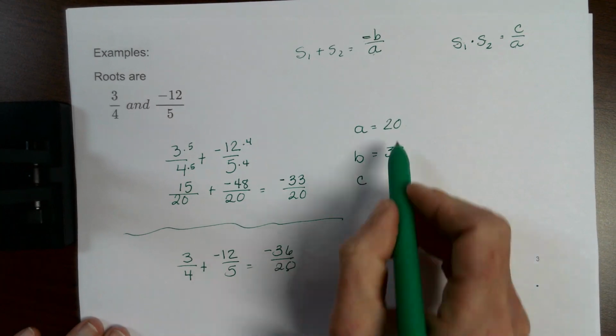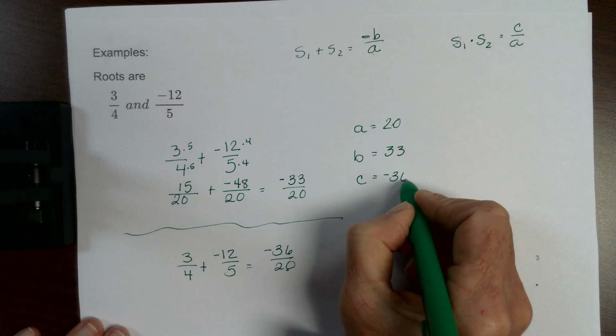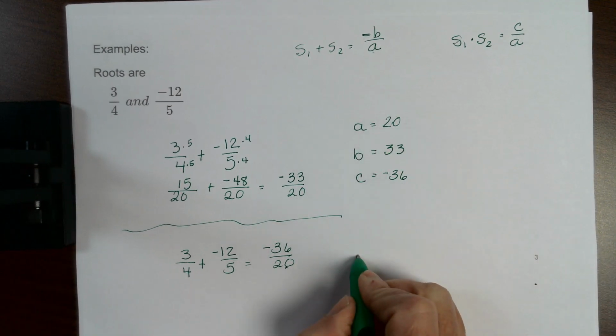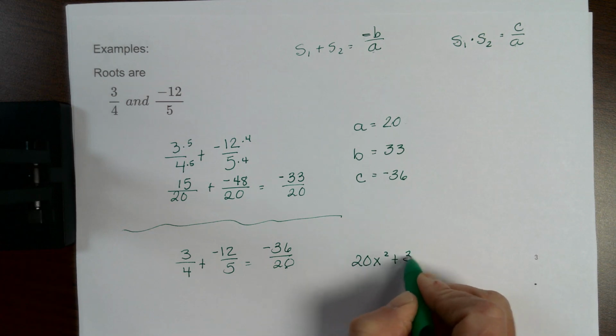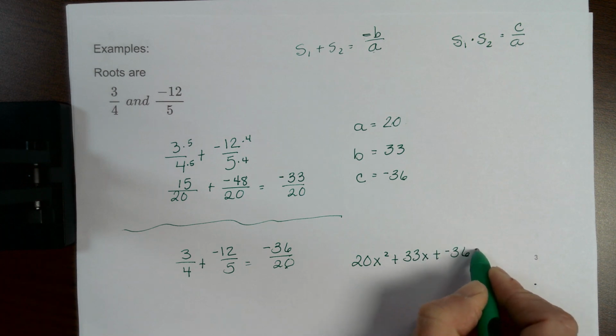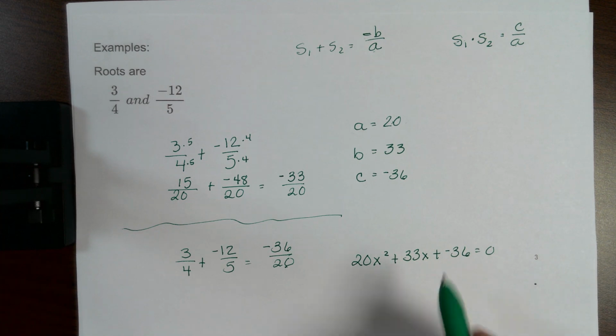Notice I do get the same value for the a. So my c is negative 36. So when I go to write the equation, I have 20x squared plus 33x plus a negative 36 equals, and you could just put 0 there if you want, or you could put equals y.